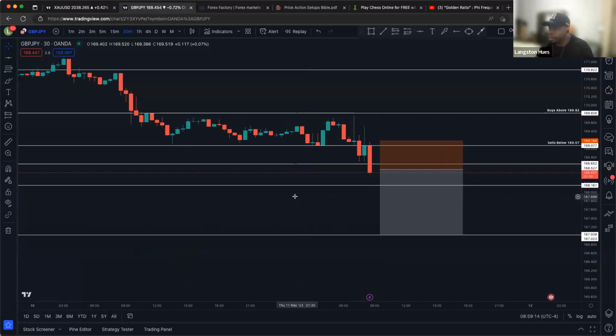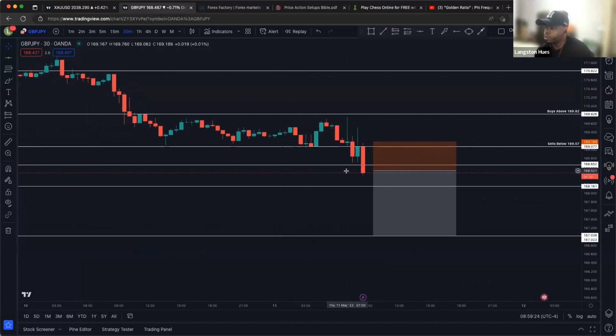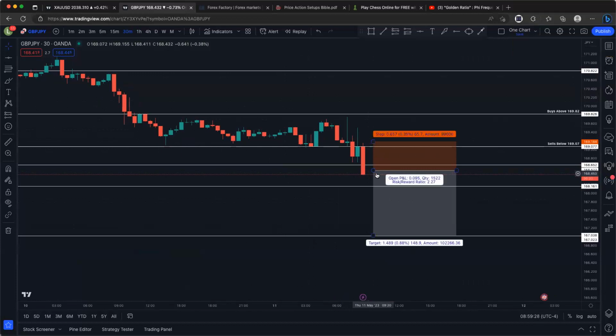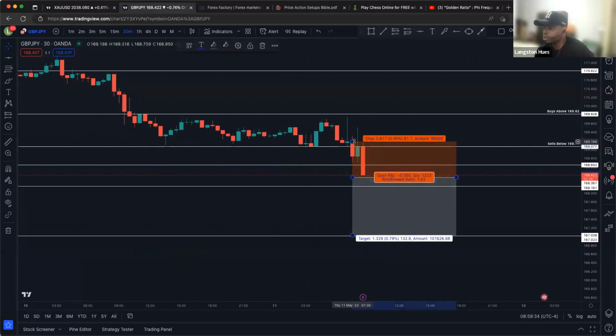One minute remaining. So if GJ closes like this, on the next candle, if it creates a nice top wick, I'm interested in sell stops below here.